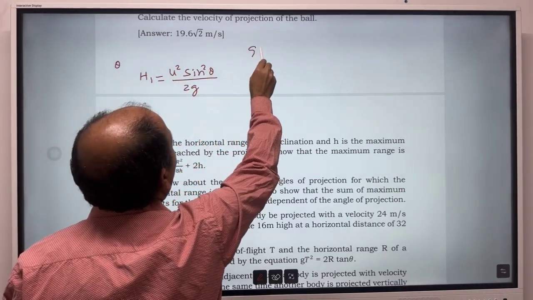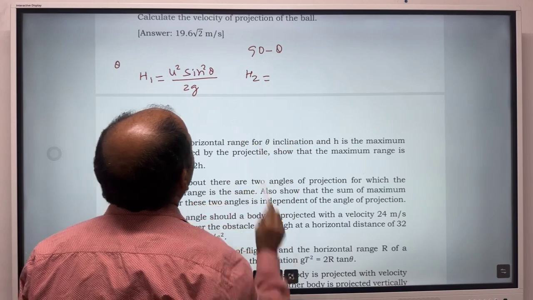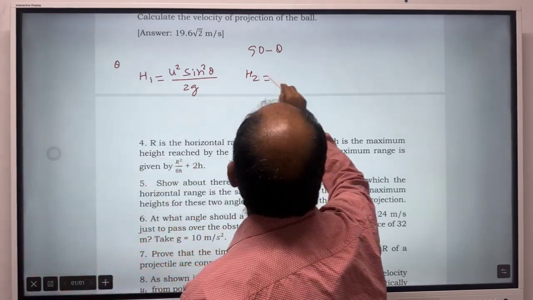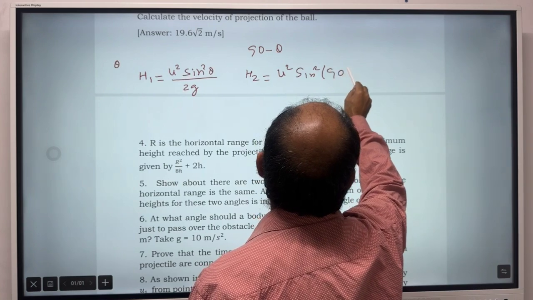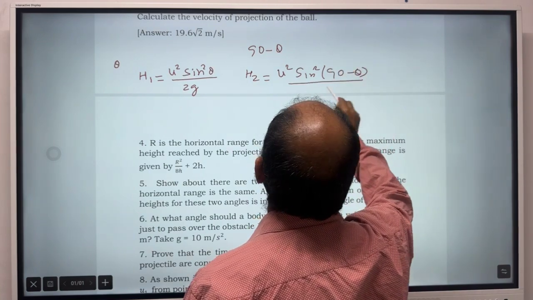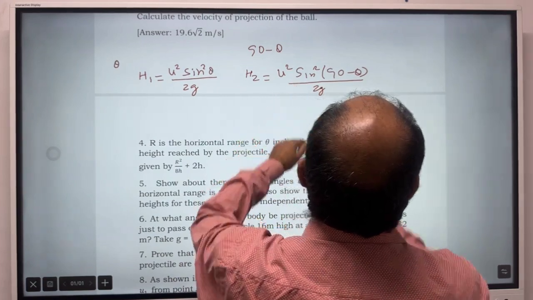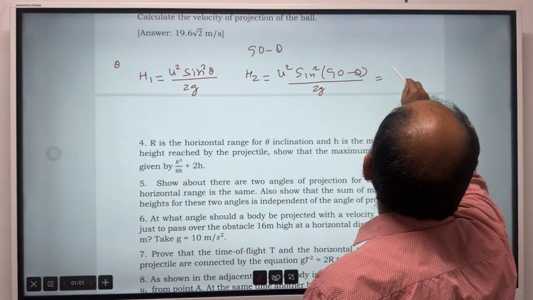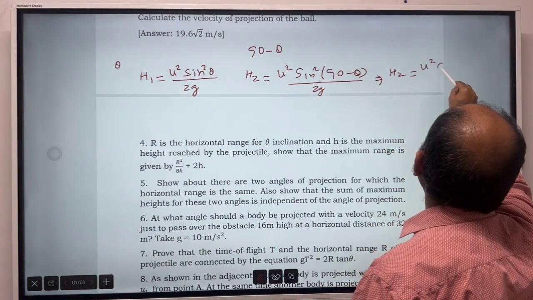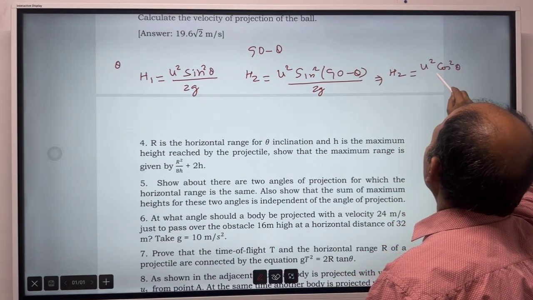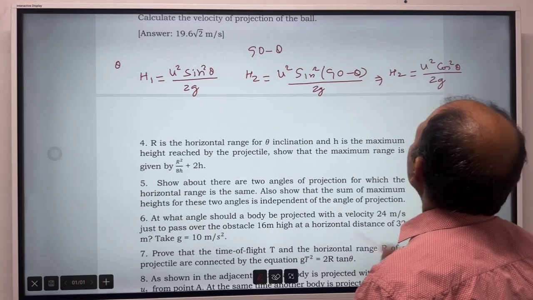And when the angle becomes 90 minus theta, then say height is h2. In that case, it will become u square sine square 90 minus theta divided by 2g. Sine 90 minus theta is cos theta. So we will get h2 as u square cos square theta divided by 2g.